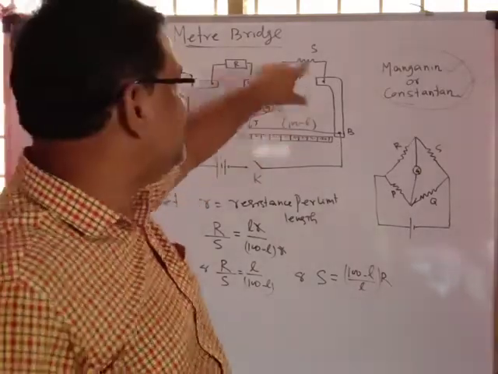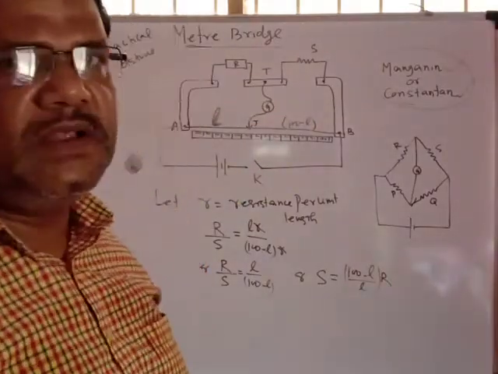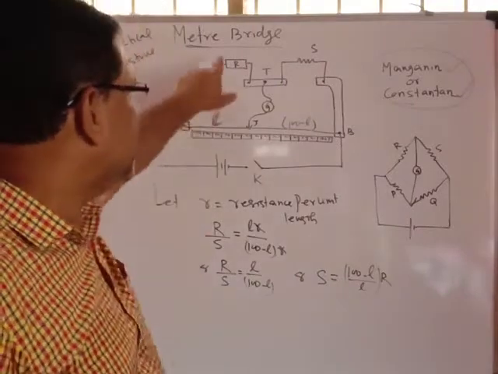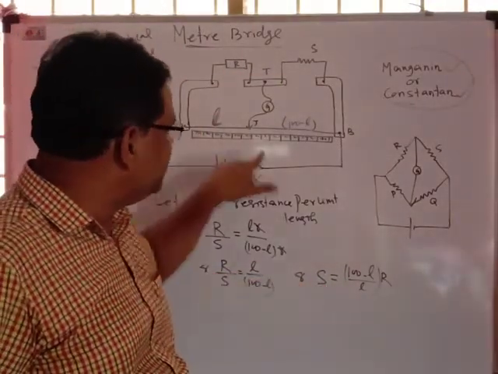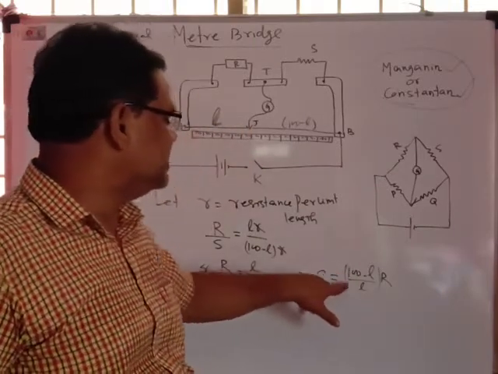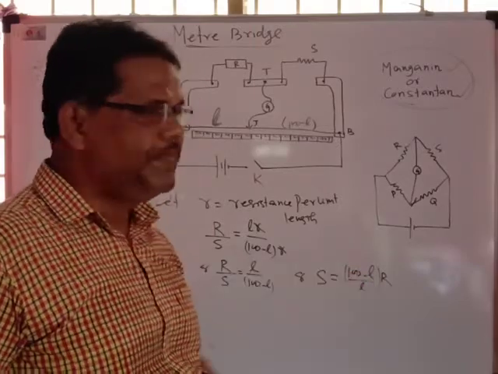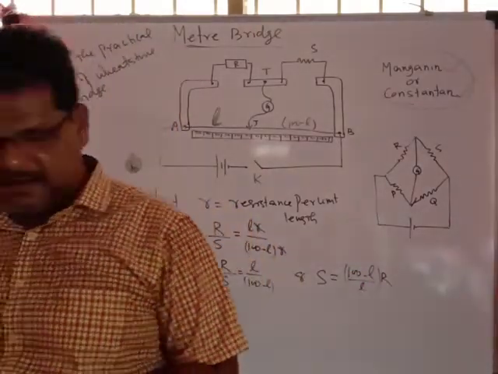In that case the bridge is balanced, and it follows the balanced condition R by S equal to L by 100 minus L. S is the unknown resistance. By knowing the balance length, we calculate the unknown resistance, 100 minus L by L into R. This is the required expression for the balance condition of the meter bridge.